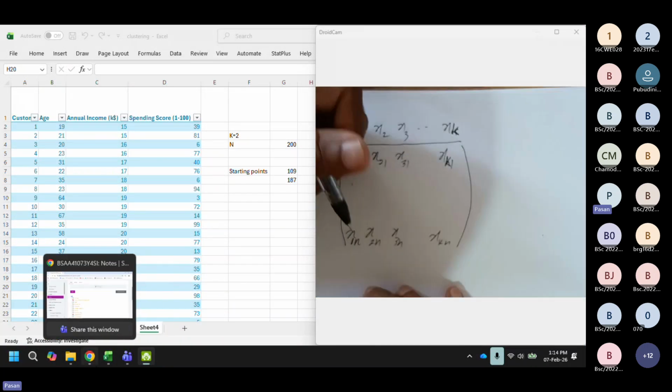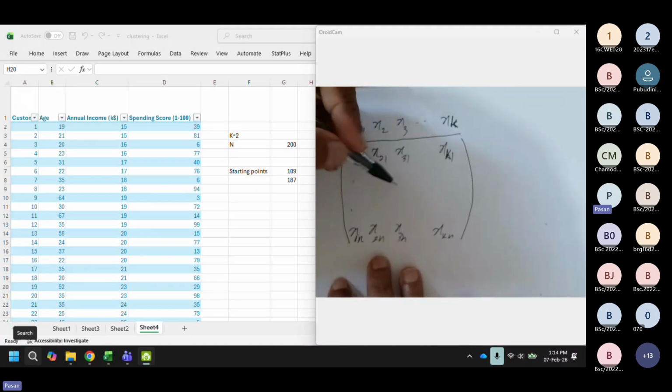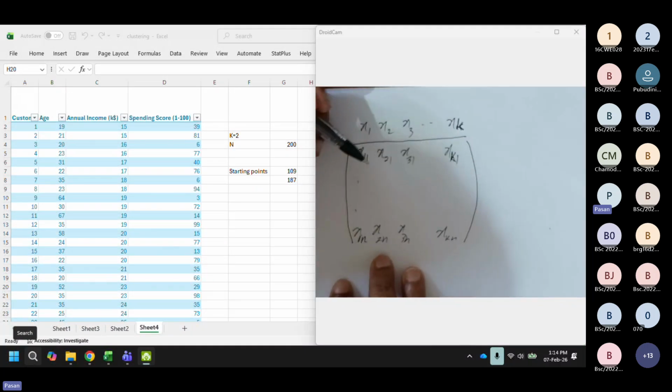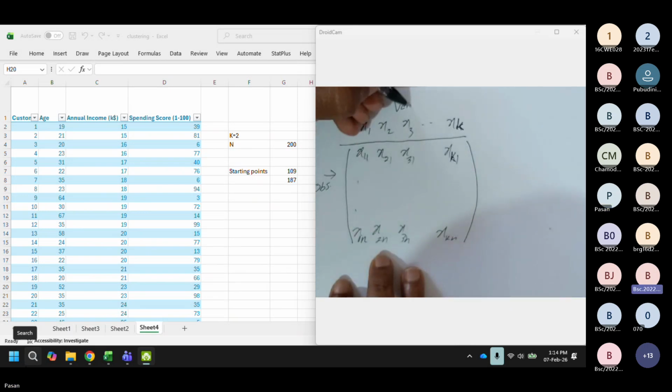With that, once you have your data set, we discussed that we can group them in terms of their variables, as well as in terms of their observations. So these are their observations, right? And these are their variables, right?